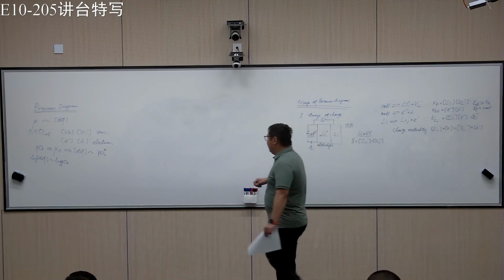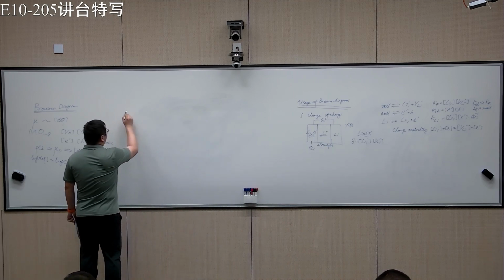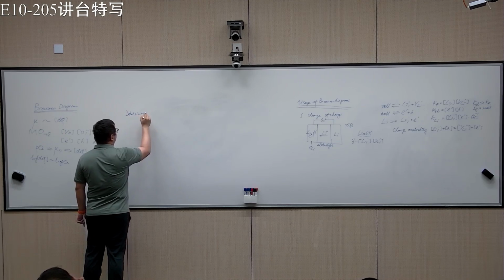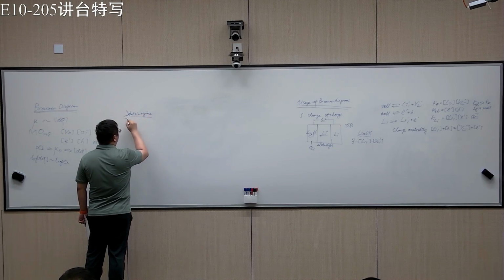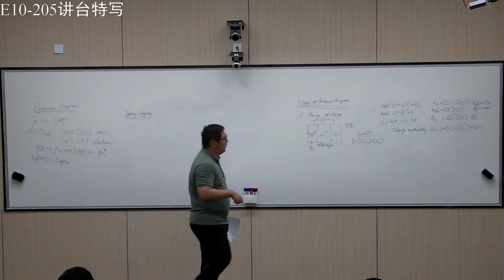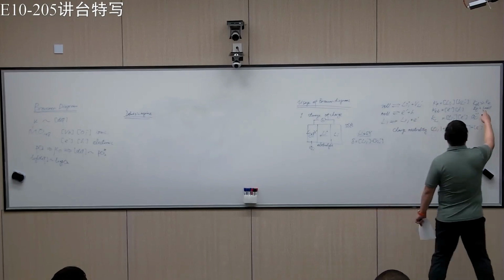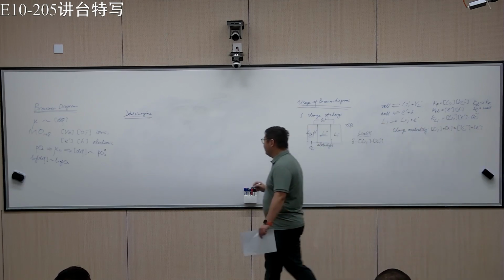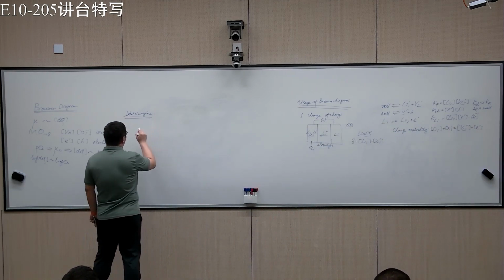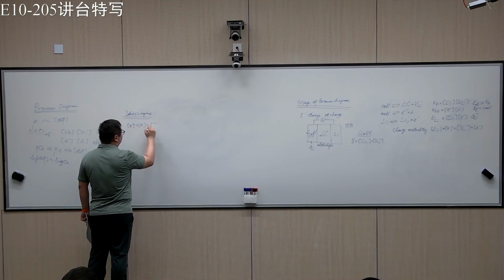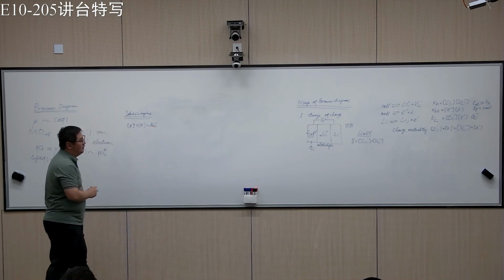Okay. So then if we have the intrinsic regime, since KEL is much larger than KF, the electrons and the holes are the majority carriers. So the number of electrons is the same as the number of holes, which is the square root of KEL.